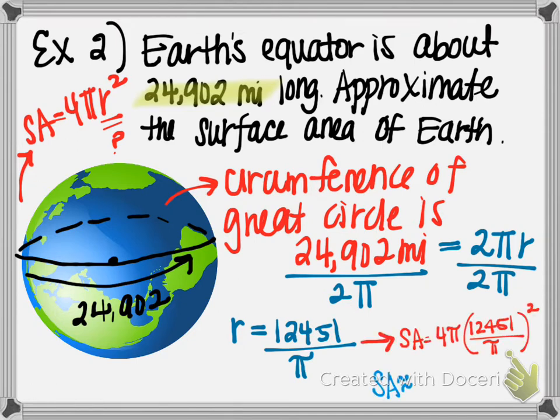I know that the radius is 12,451 over pi. We'll square it and multiply it by 4 pi. Actually, try typing this in your calculator to make sure you can get the correct answer. And by doing this calculation, we'll find that the surface area is about 197,387,017 miles squared.